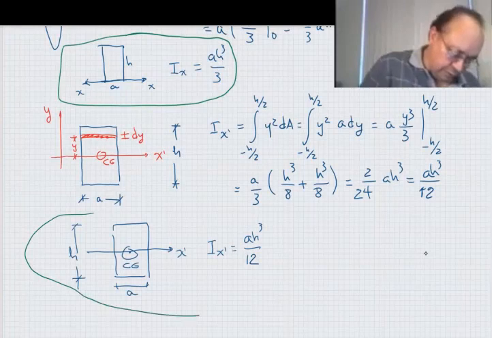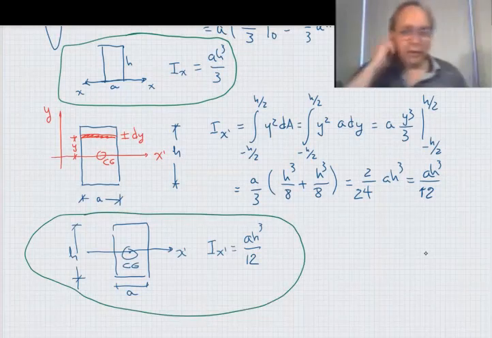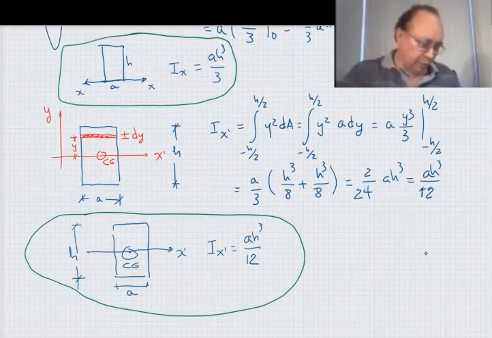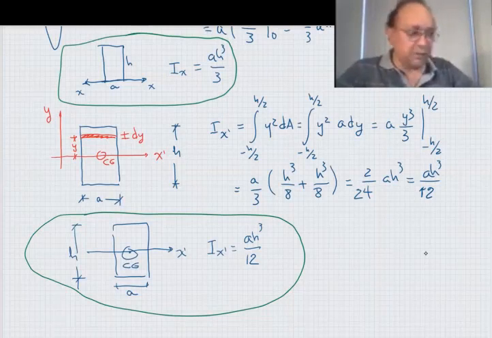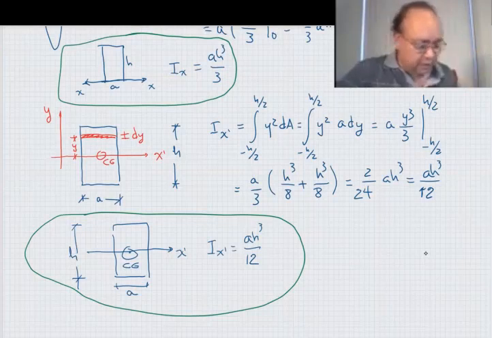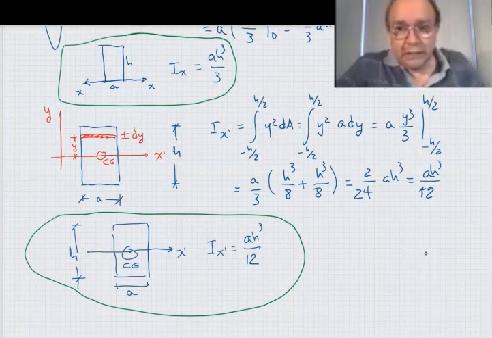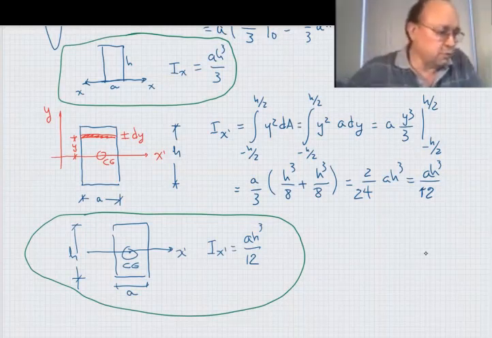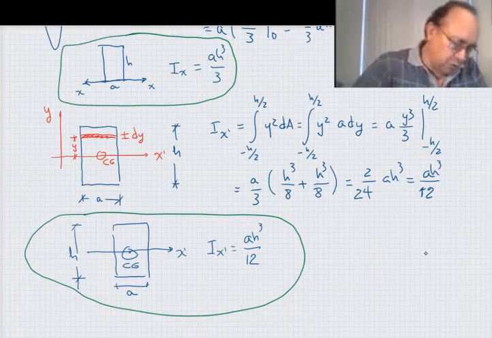Nice. Now we have two basic figures in order to work with some other more complex figures. I guess we can do a triangle, same thing with respect to the base, and the triangle with respect to the center of gravity, and we will have four basic figures. Very nice tools to work with more complex figures.